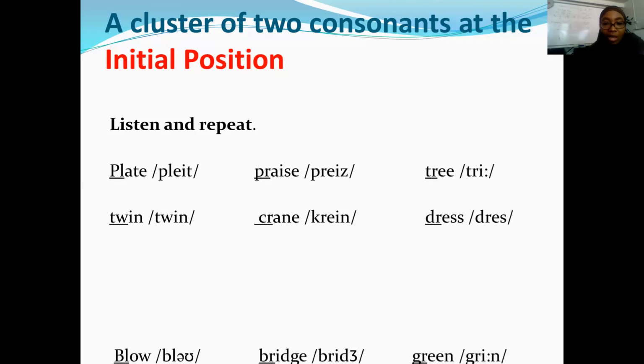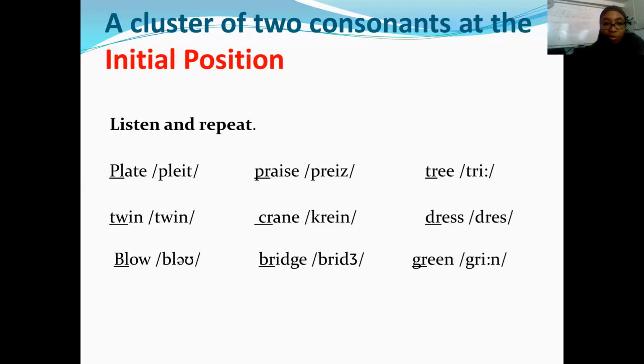All those words have clusters at the initial position. The words plate, praise, twin, crane, dress, blow, bridge, and grain. Also the words dwell and glass.